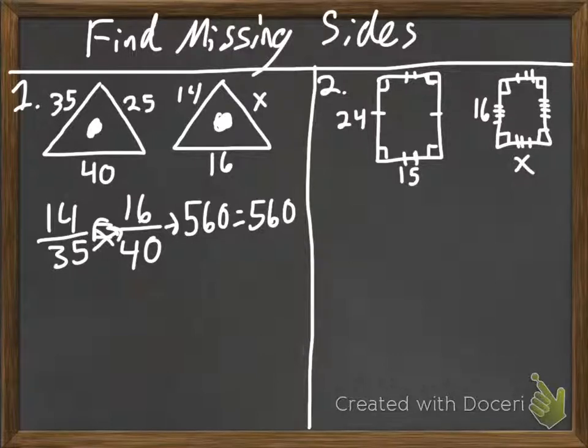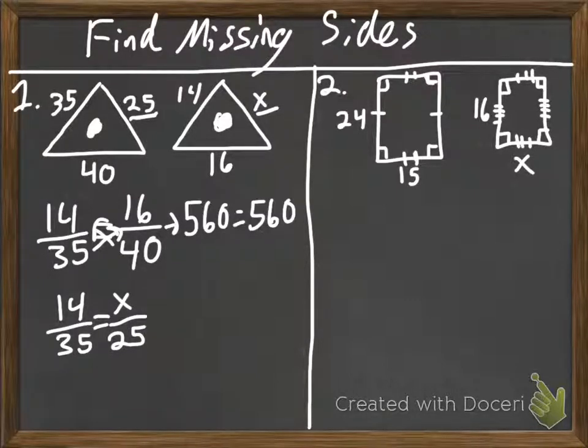So that means that this x length and 25 are going to be a ratio. So what I'm going to do now is pick one ratio that we know and set that equal to the ratio with x in a proportion so that we can find that missing side. So I'm just going to use the 14/35. I'm going to set that equal to x over 25.